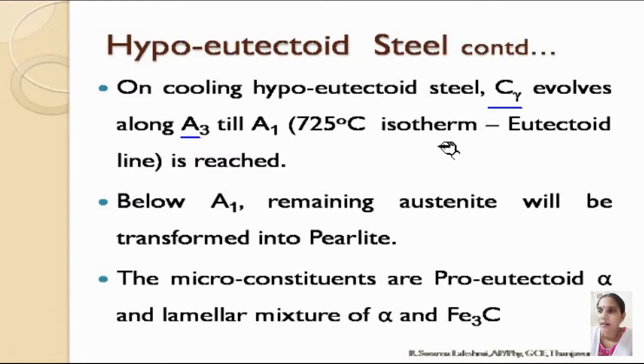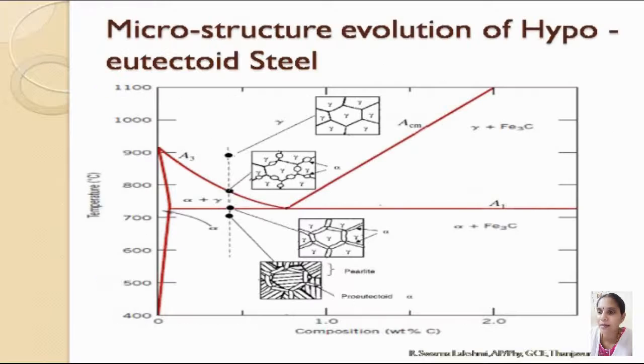Once the cooling reaches the A1 line, that is the eutectoid line, the remaining austenite undergoes eutectoid reaction to be transformed into pearlite. So you must understand the dynamics behind this microstructure evolution.